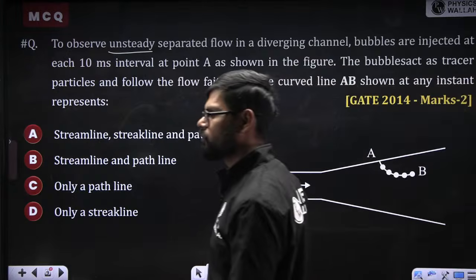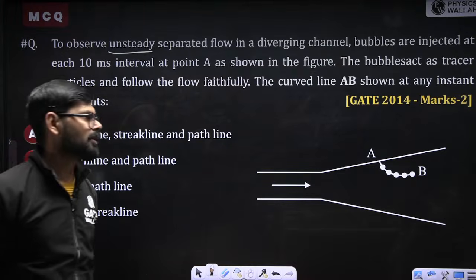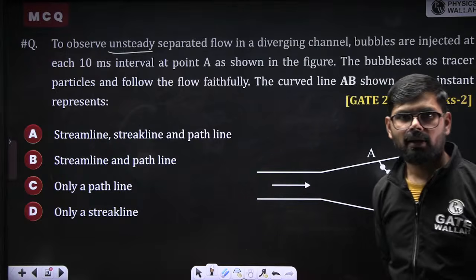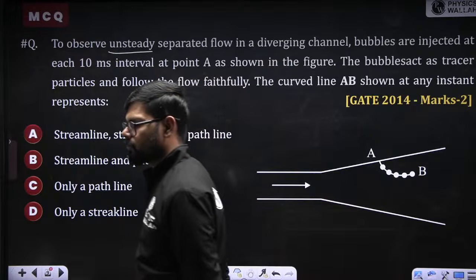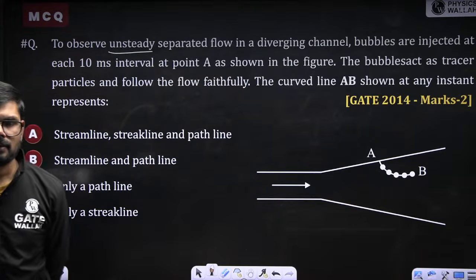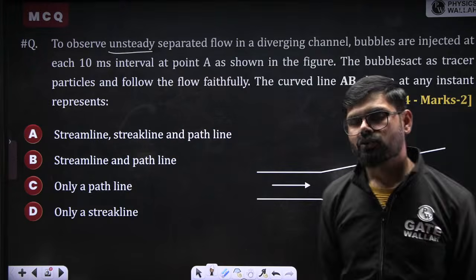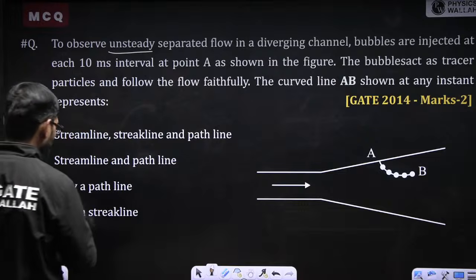Everyone, first give me the answer. So this is a streak line basically.